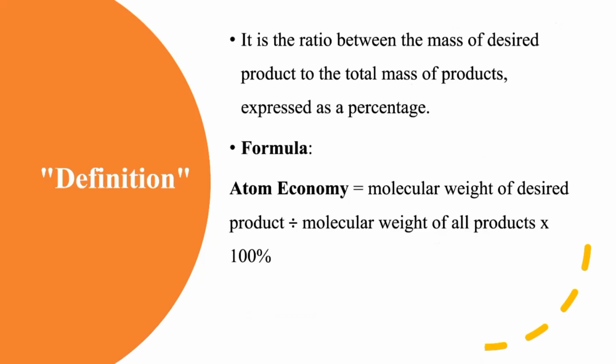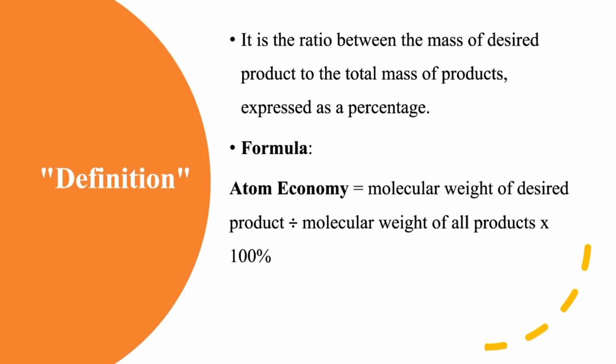So, in the formula of atom economy, we can divide the mass of the desired product by the total mass of the products or reactants. We can use any of them because, according to the law of conservation of mass, the total masses of products and reactants remain the same.